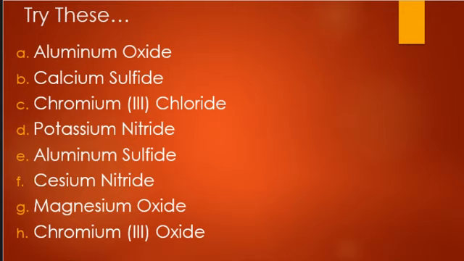I only have one of those weird ones, part C here. So let's name these. Who can tell me what aluminum oxide looks like? This is aluminum and oxygen. You're going to find their groups and you're going to crisscross. Do you have all these in your book to write down?